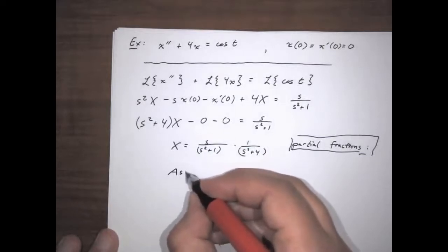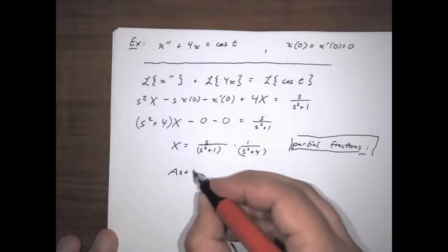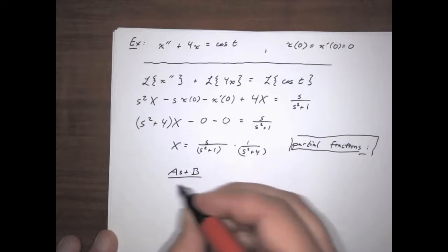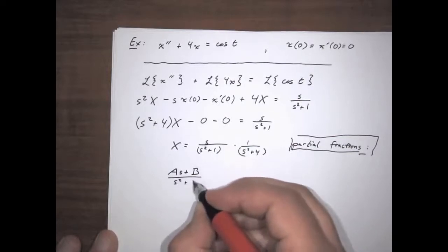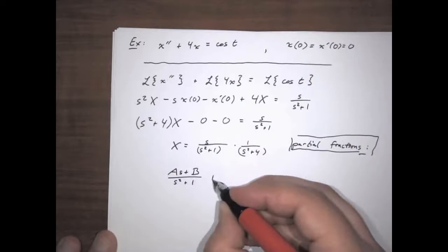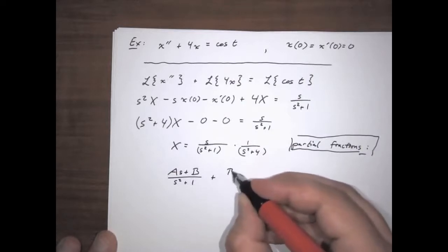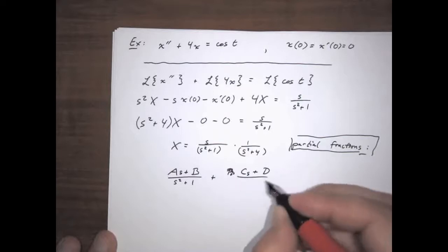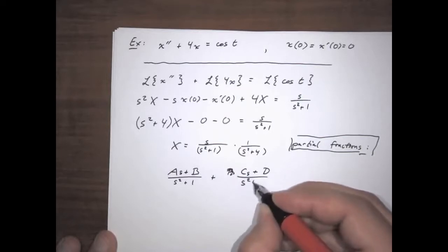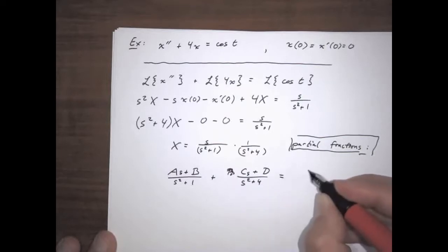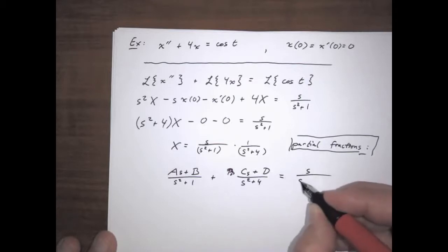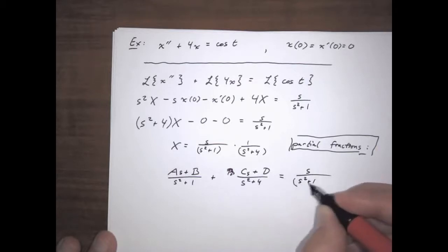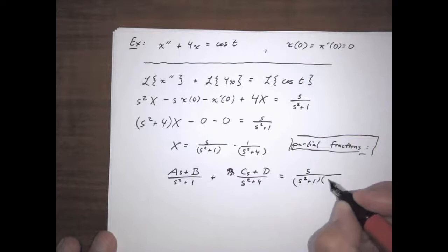So that means we have to have a linear term up top, as plus b over s squared plus 1, and then plus cs plus d over s squared plus 4 is equal to just s over s squared plus 1 times s squared plus 4.